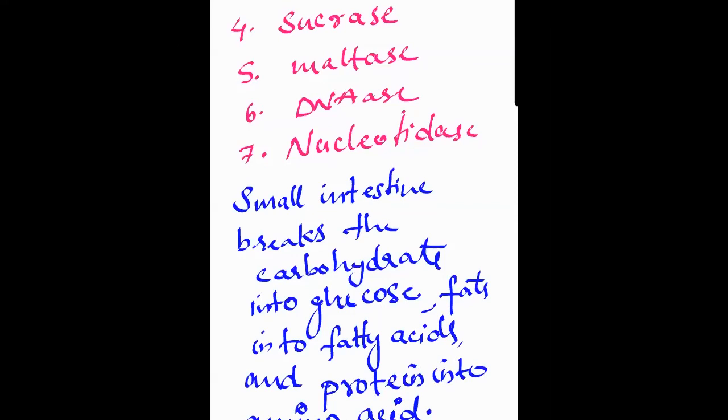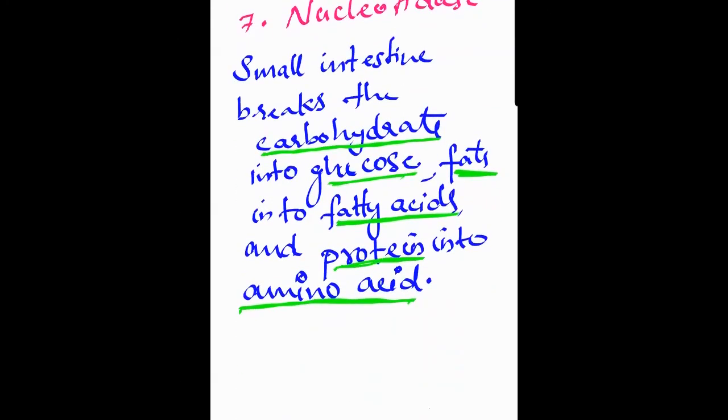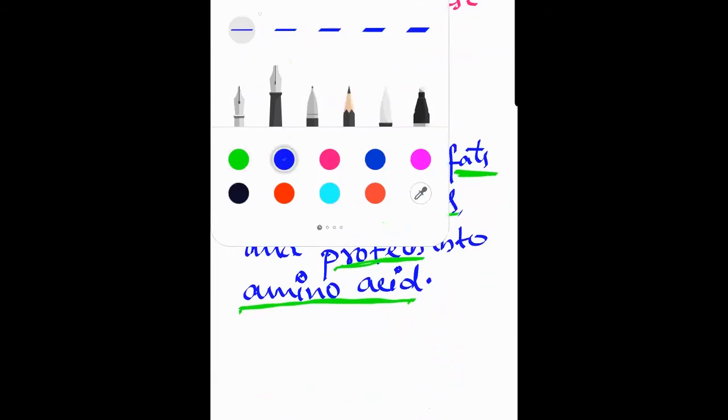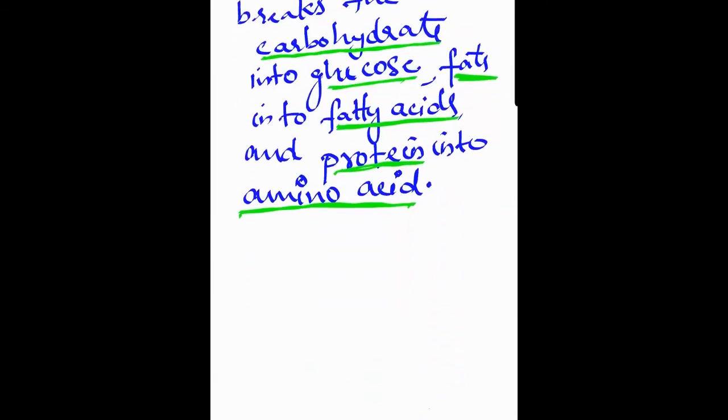I have already told you in the first chapter, nutrition in plants, that carbohydrate is a big structure whose simpler form is glucose. Fat is a big structure, and its simpler form is fatty acids and glycerol. Protein is a big structure, and its simpler form is amino acids. So this is how food digestion will take place. We have not come to food digestion yet, we are just learning about the physiology. Later on, we'll see.